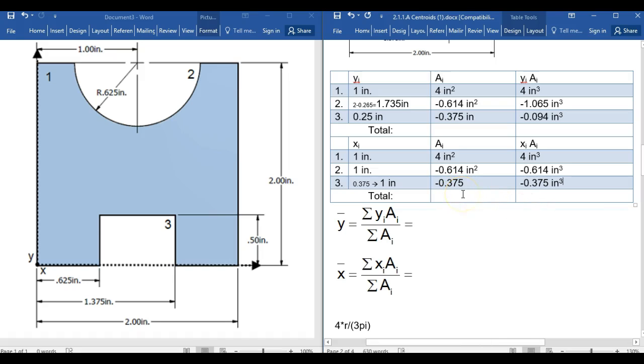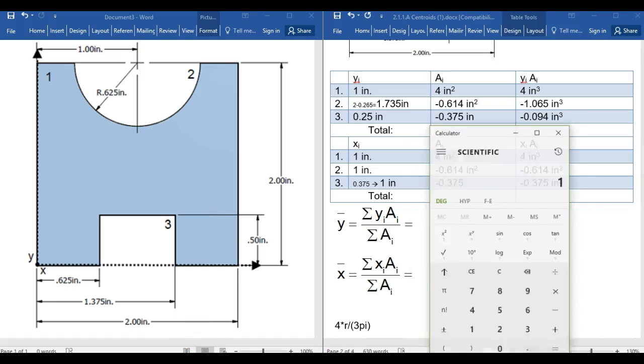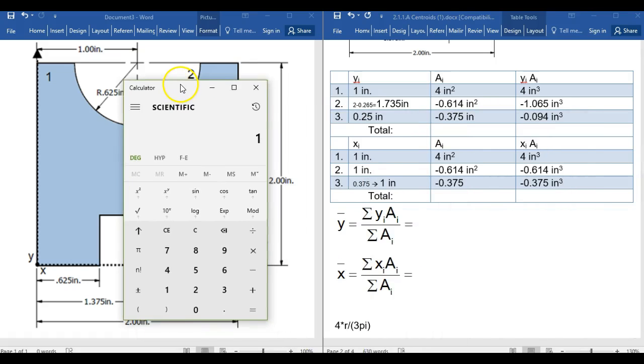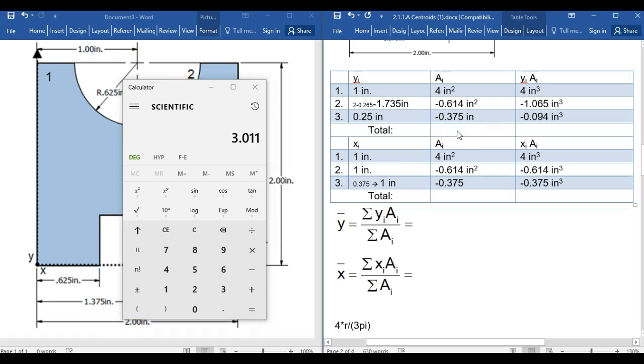And now we're going to solve for our totals. So we'll start in the y dimension. I'm going to bring my calculator up right over here. And so the sum of the areas. So I'm going to add these numbers, and notice some of them are negative. So I'm going to do 4 minus 0.614 minus 0.375, which gives me 3.011 as my sum of the areas.